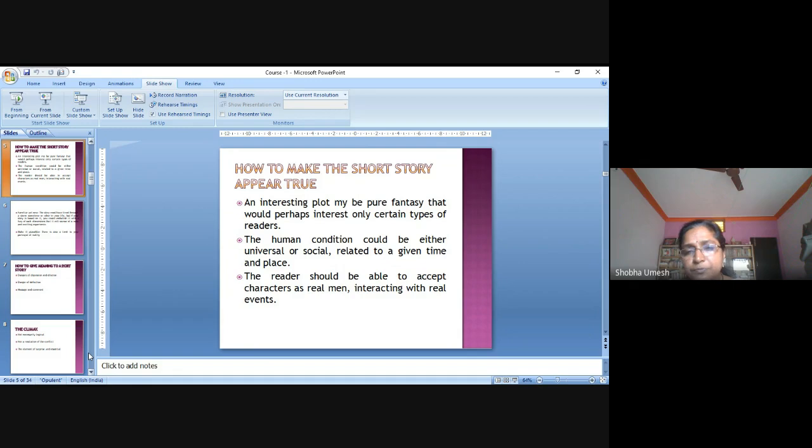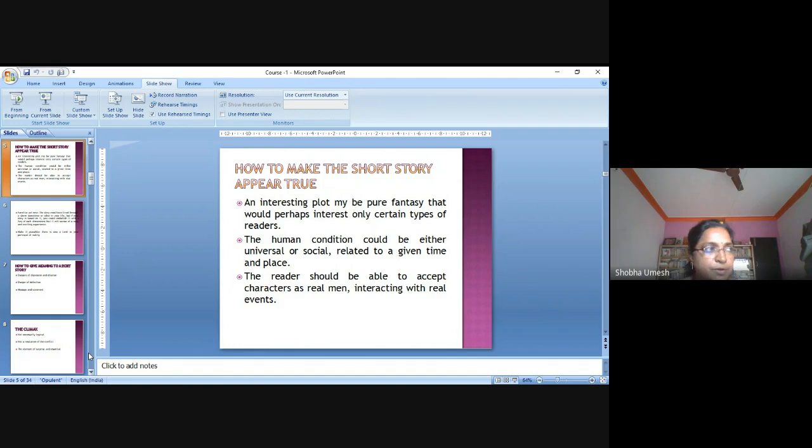And when we write, we have to keep in mind how the short story can appear to be true. So it should be an interesting plot, and we should use fantasy very little; illusionary things should be very few. If it is too much fantasy, people feel that it is not realistic, and it will not interest the masses. A few people may accept the fantasy, but most people rely on the human condition, which is realistic.